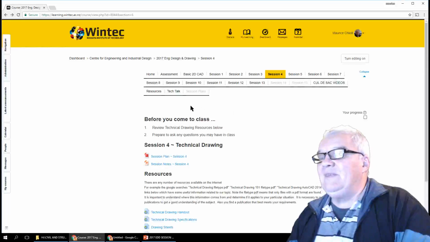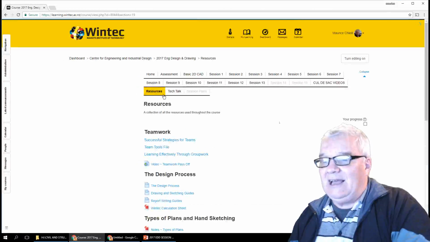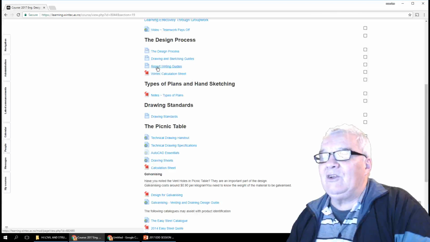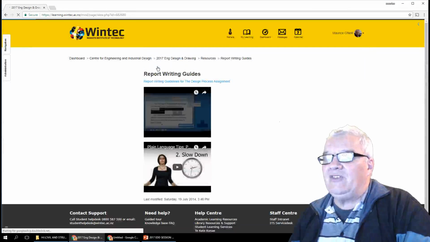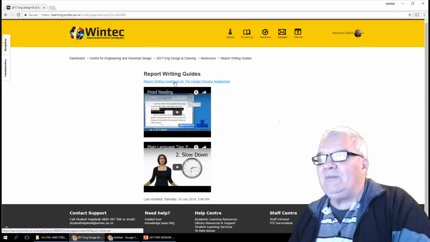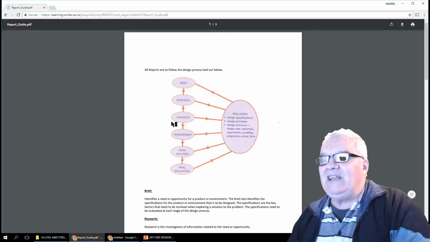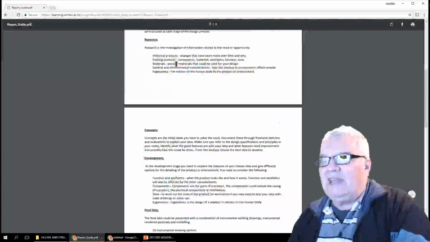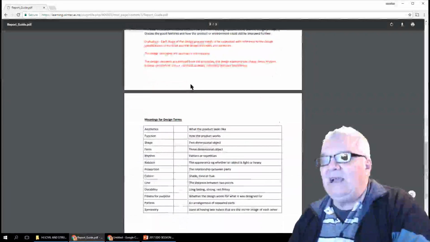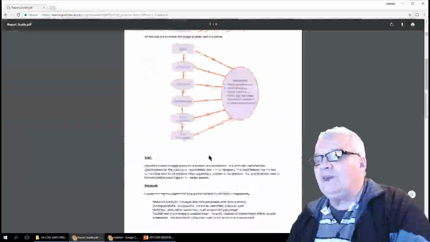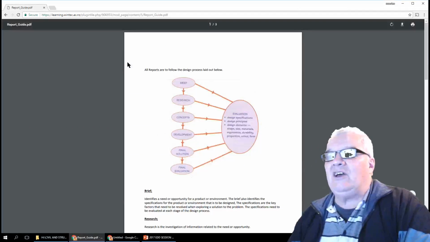Just on the resource front here, for the design process, I've got the report writing guides that I talked about. There's a report writing guideline for the design process assignment, which can be found here, and it tells you what sort of headings might be used and what's involved and all sorts of good stuff like that. So try to follow that as closely as you can.